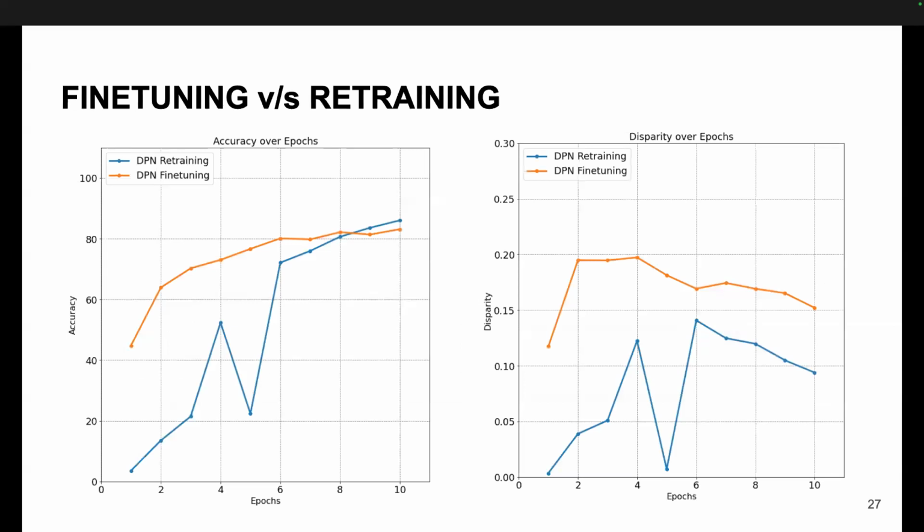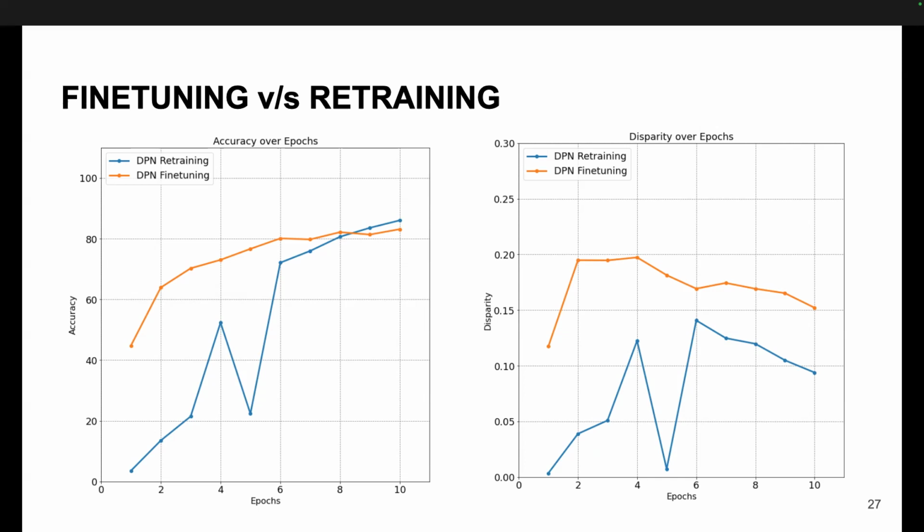So this is a fun experiment which we did, which is not in the main paper, and this was part of the rebuttal. This is quite interesting to me. We asked the question of how pre-training on data sets like ImageNet affects the accuracy and disparity. We used the dual path network architecture, with a pre-trained one from the TIM library.